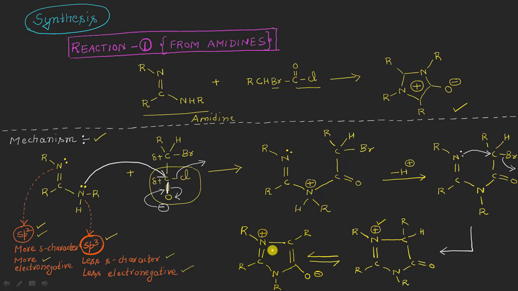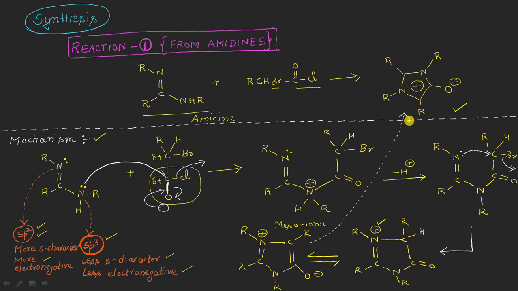And now the structure which we have got here is, what is it? It is our desired mesoionic compound. Let me write here, it is the desired mesoionic molecule, which is the 1,3-diazolium-4-olate, right? And we can always transform this type of representation into the other type of representation which is being shown here in this reaction, right?